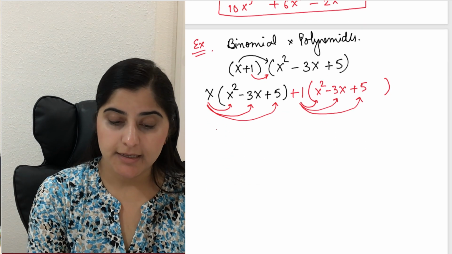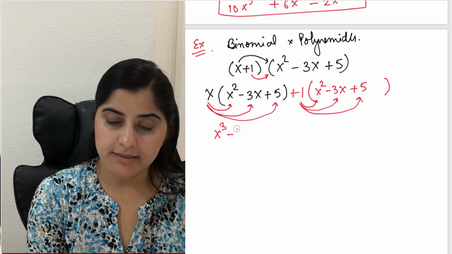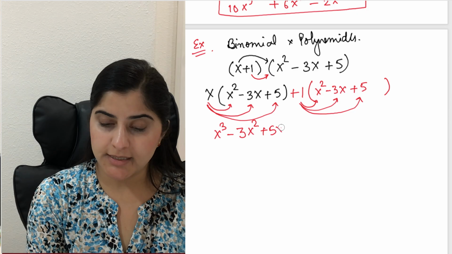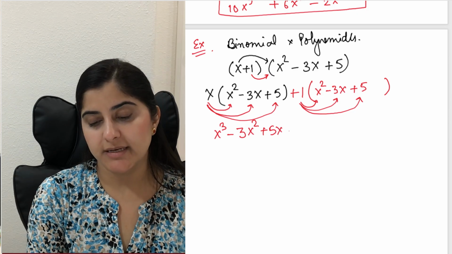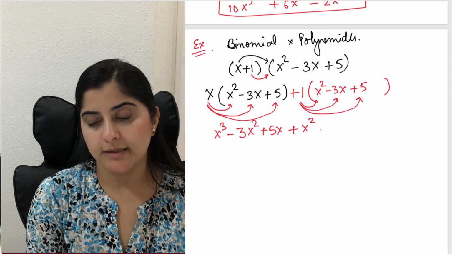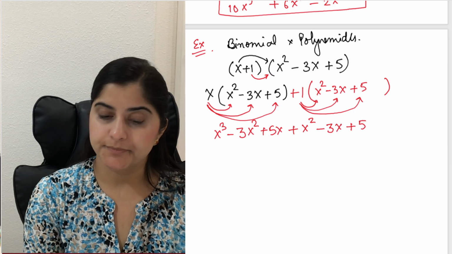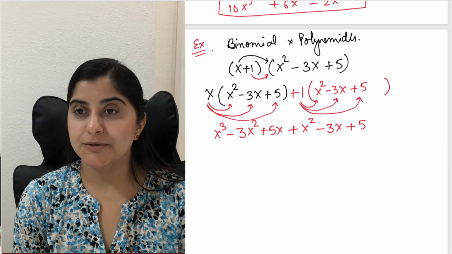So we get x cubed minus 3x squared plus 5x, and here plus 1 is multiplied inside, we get plus x squared minus 3x plus 5. So we use the distributive property.